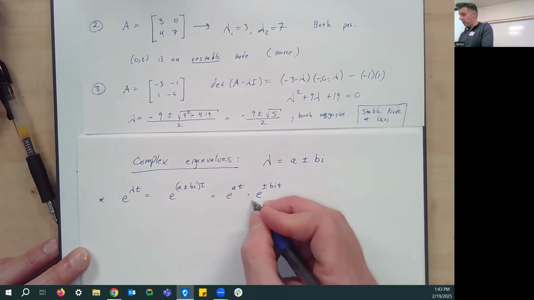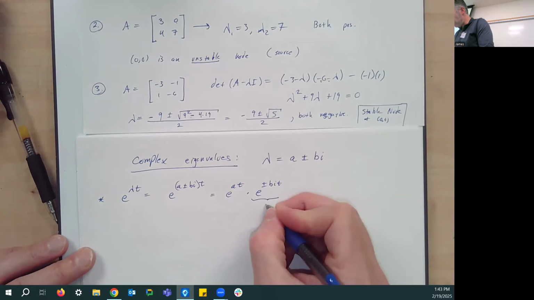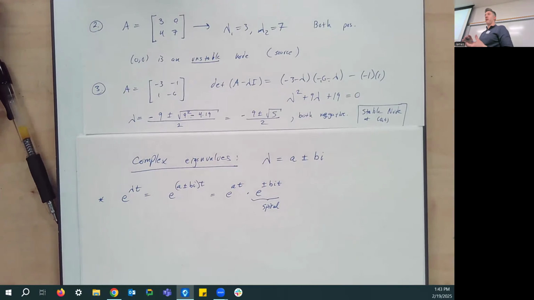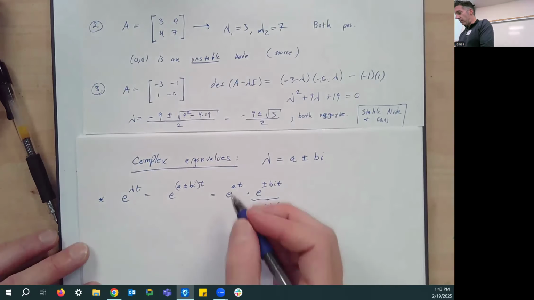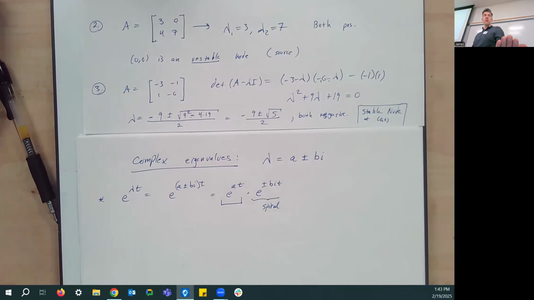This part here, this e to the bit, that's going to be your cosine theta plus i sine theta kind of deal, which is just going to give you the oscillating part, which is what gives you the spiraling part. This gives you the spiral. That's why imaginary eigenvalues end up giving you a spiral for your solution, or whatever you want to call them. Whereas this part here, this is telling us if you grow or decline, right?